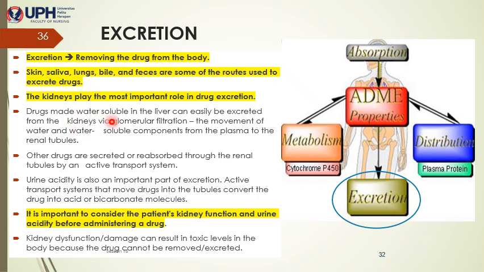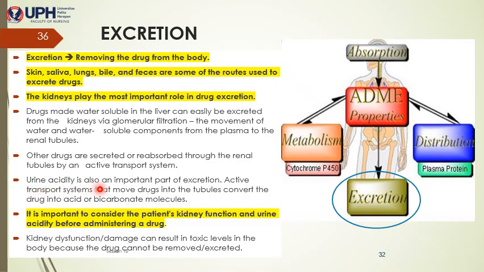Drugs that are water soluble can easily be excreted from the kidney through glomerular filtration, which is the movement of water and water-soluble components from the plasma to the renal tubules. Some of the other drugs are harder to excrete, so they need to be secreted or reabsorbed through the renal tubules with the active transport system.